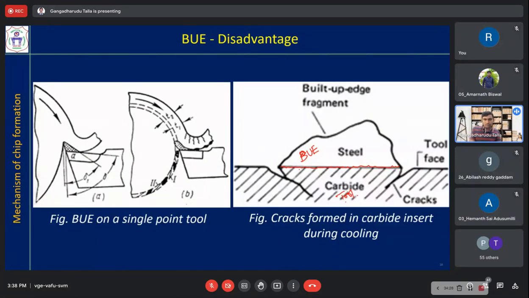Understand? So suppose steel will cool quickly compared to carbide. So it is contracting very quickly because it is cooling down quickly. So in that process, it is pulling this carbide material also. During cooling, it will try to pull the carbide material also.